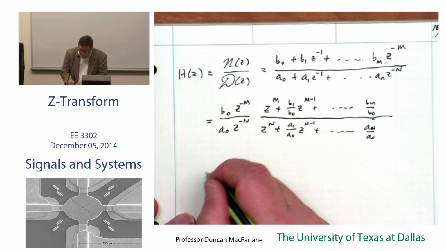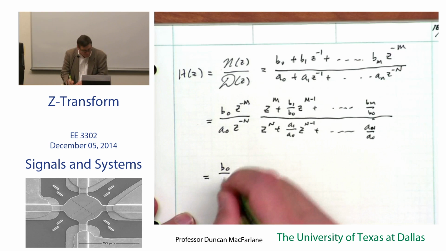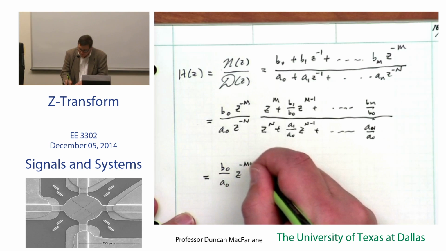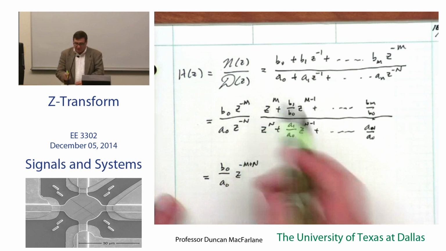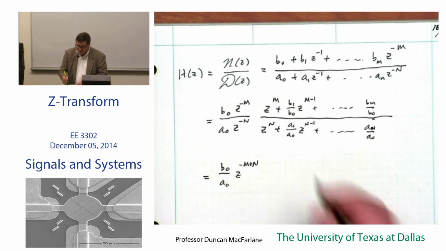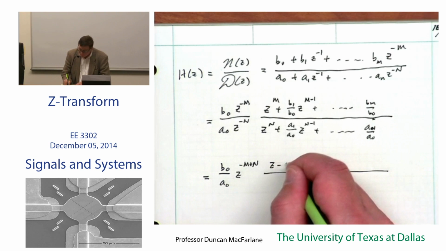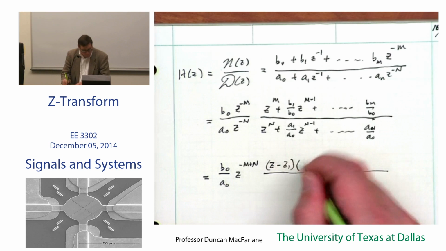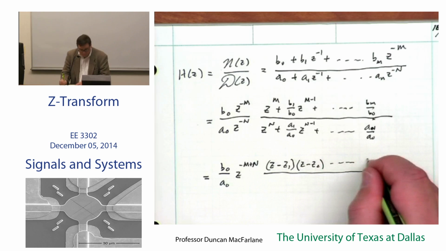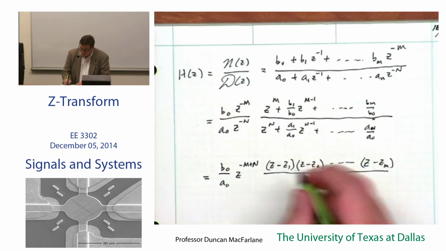If I factor this, at least figuratively, this leading term, I'll just clean up the minus m and the n. And then my zeros look like this, and my poles.